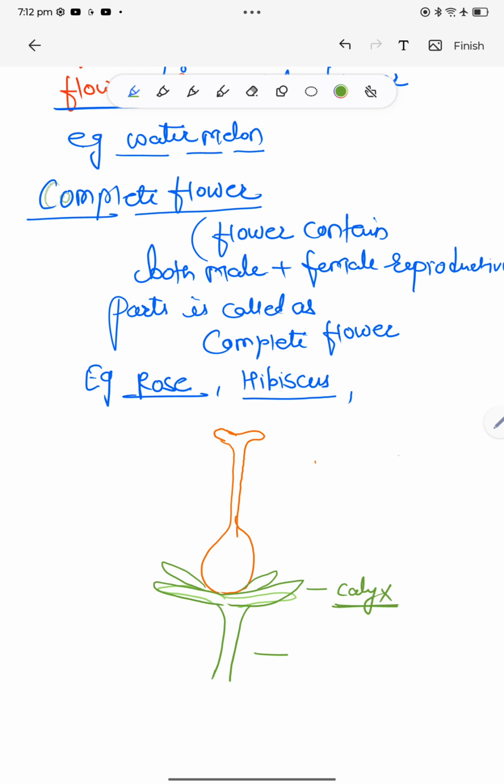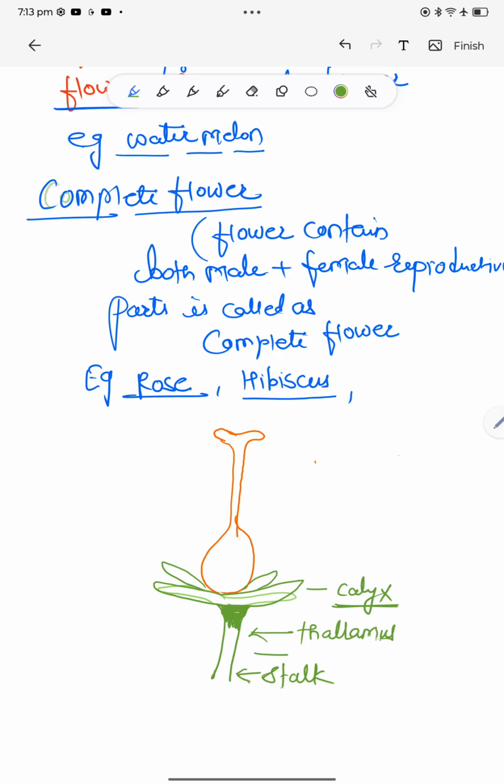This swollen part is called the thalamus, or the flower stalk.